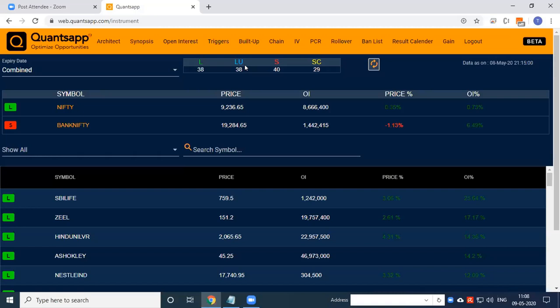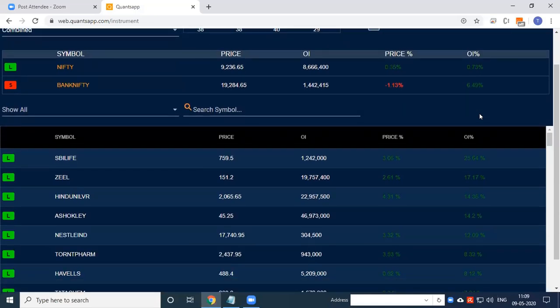If you look at the Nifty, on yesterday's session Nifty was up marginally 0.35%, where the price is 9236, and the open interest increase was 0.73. So it was a marginal long build-up in yesterday's session. Whereas on the Bank Nifty front, it was a short which was getting built up.